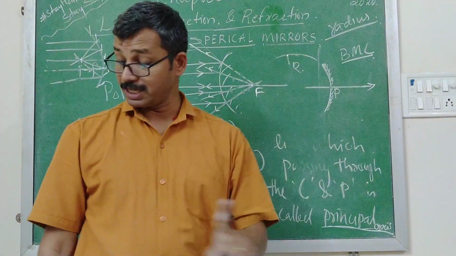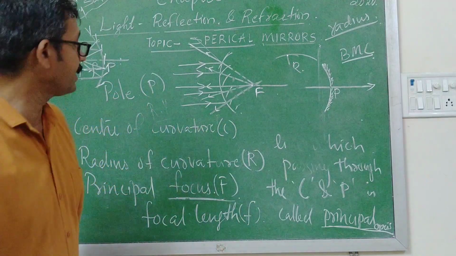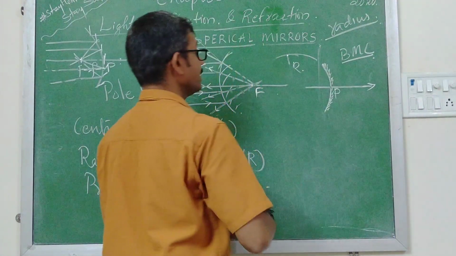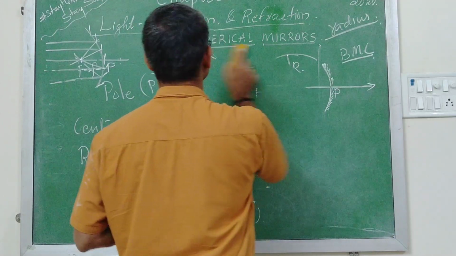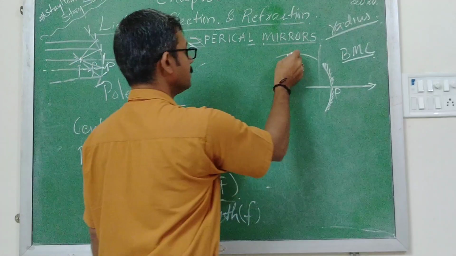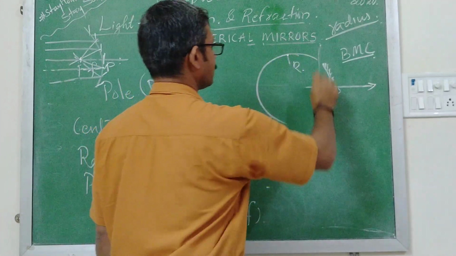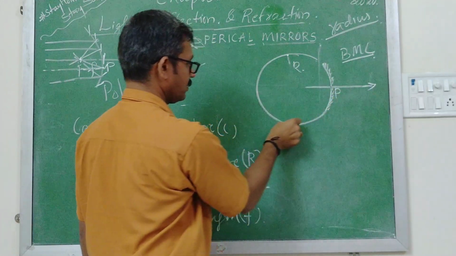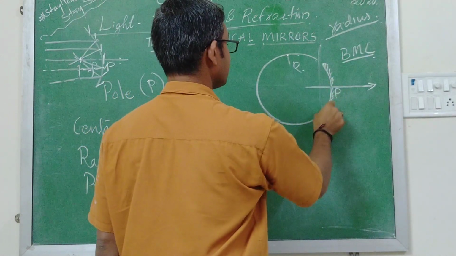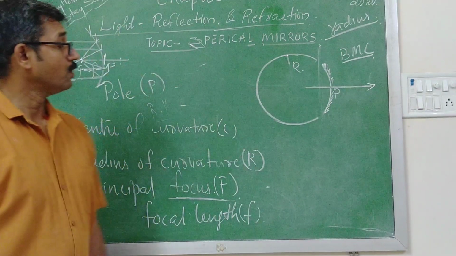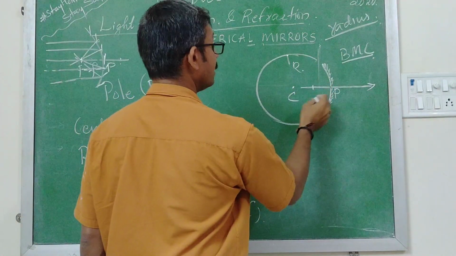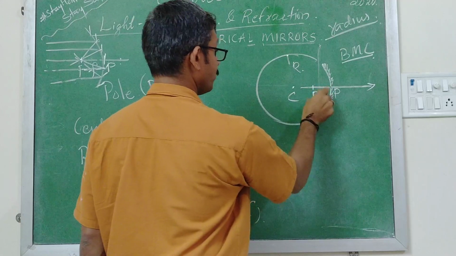The distance between the principal focus and the pole. So we can say, now here come to this diagram, that is our sphere diagram. Here it is the center of curvature. Now suppose here it is the principal focus.